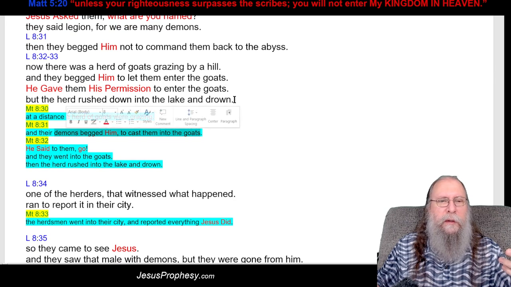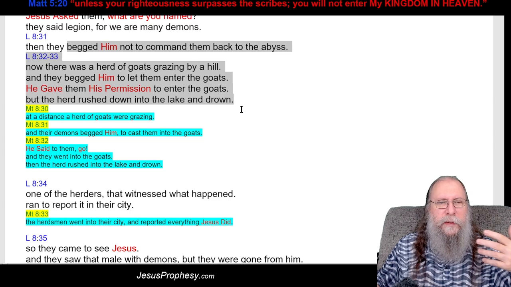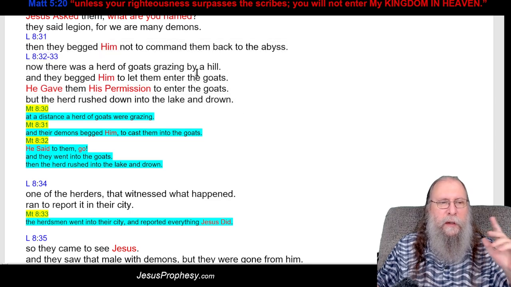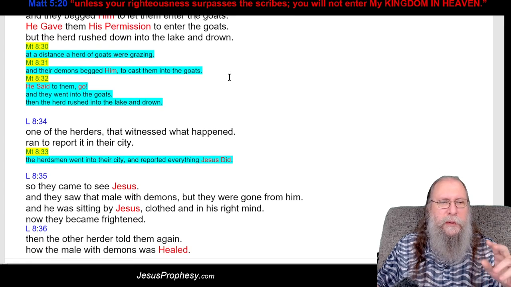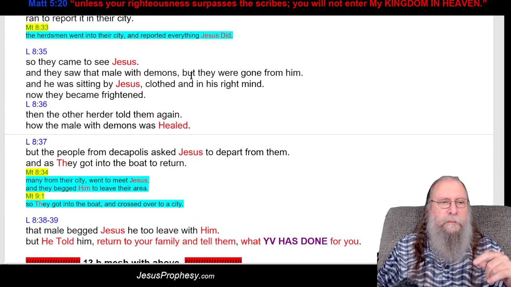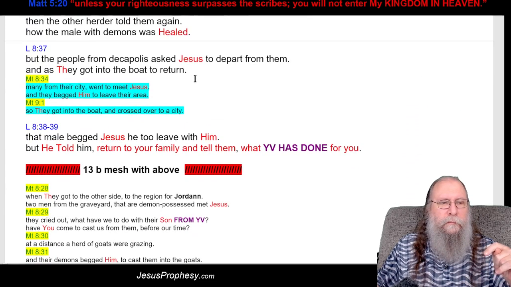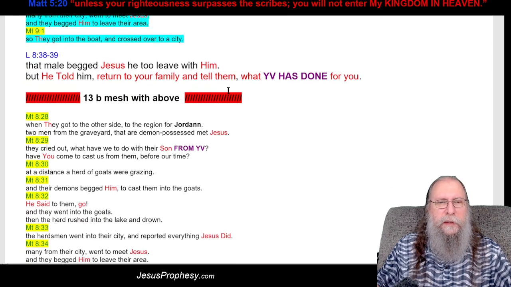So this here was a better story, so that's why I kept this story, as it was one male who was possessed by many demons. And I'm not borrowing any of the words to build up the other sentences.